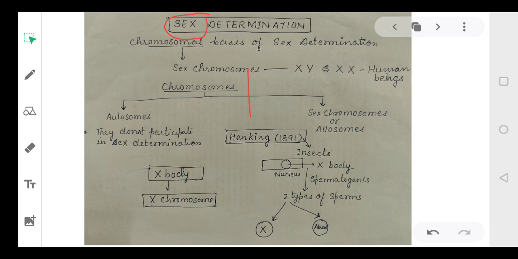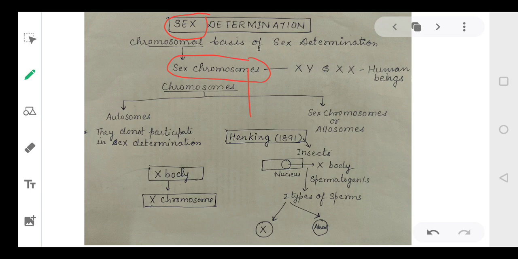So we'll talk about, we know that there are two types of sex chromosomes. Sex determination basically means determining the sex of the child. What determines the sex of the child? To understand this mechanism, we need to understand certain terms.